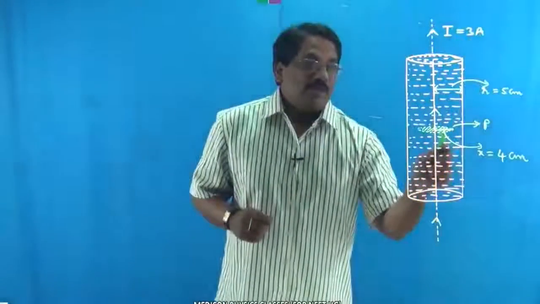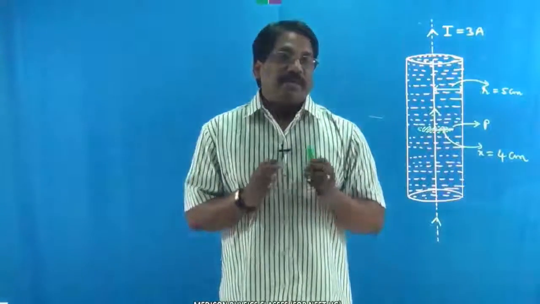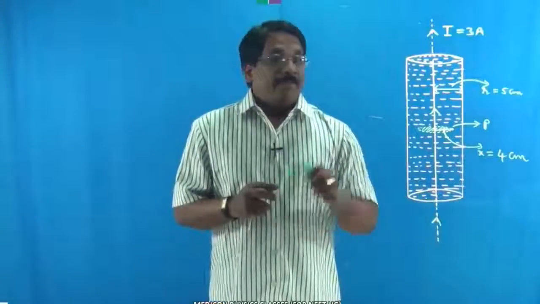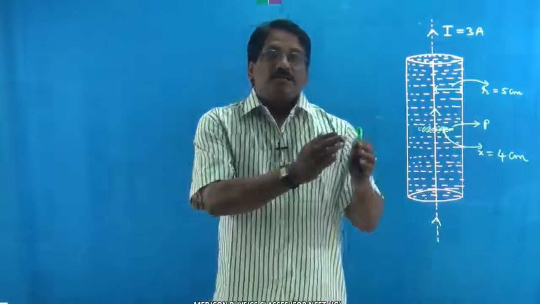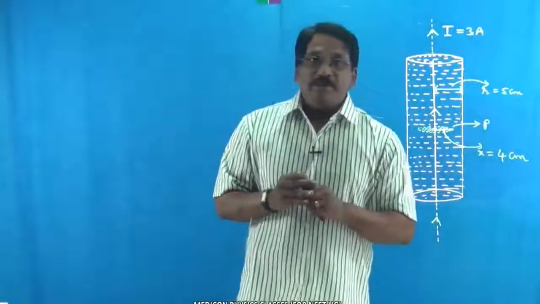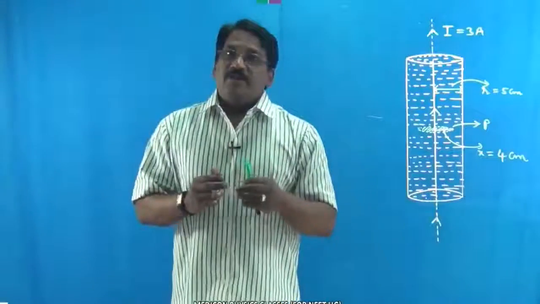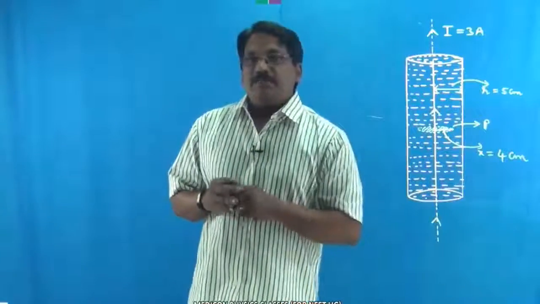So our circular cross section for which we have to take the current is only pi x square. Therefore, in this context the formula is slightly modified, and now let us look at the approach of arriving at the magnetic field induction at the point P.